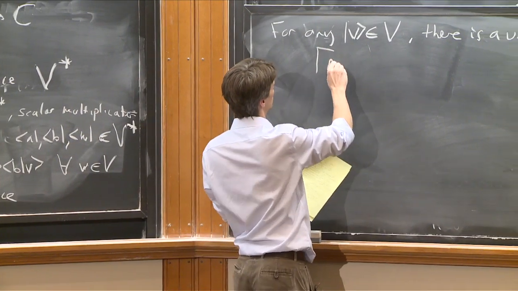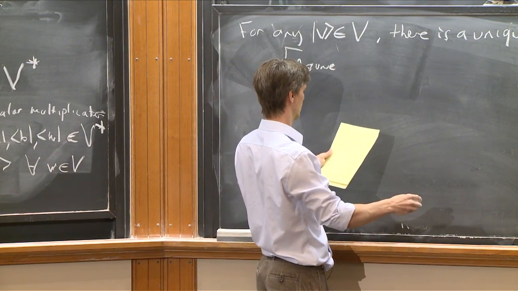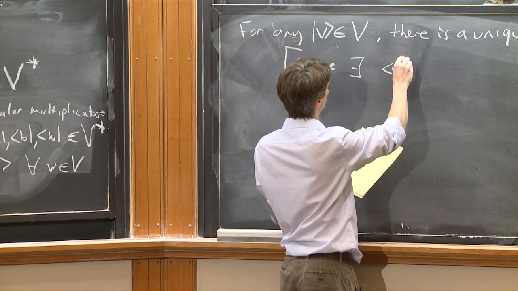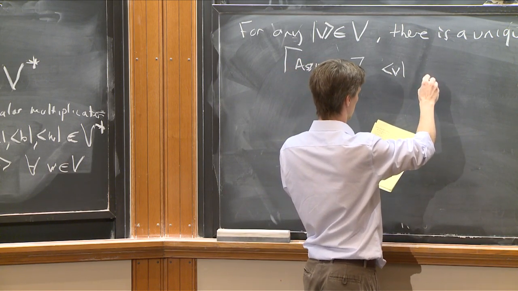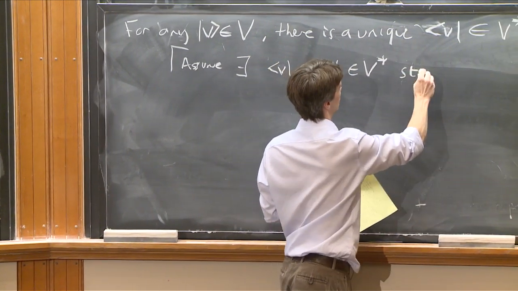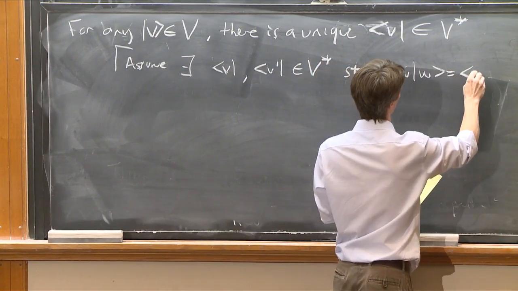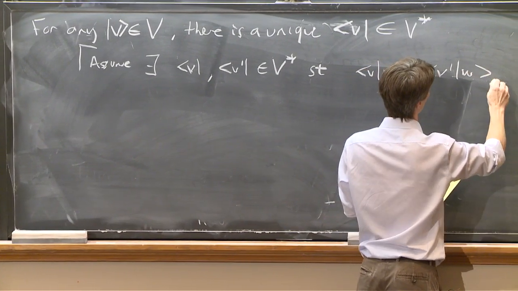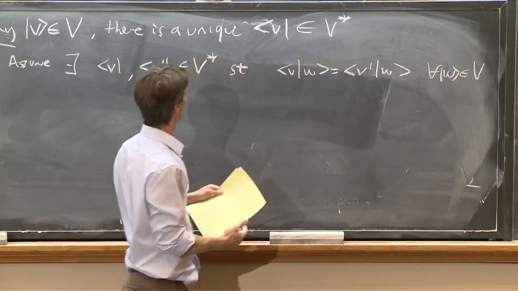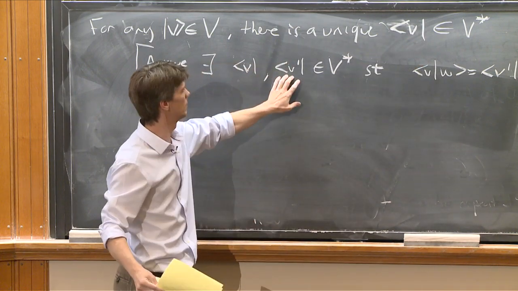Okay, and so we can show uniqueness by assuming it doesn't work. So let's assume that there exists a V and a V prime in here, such that the same bra results. So we'll assume that it is not unique, but there are two things, v and v prime.